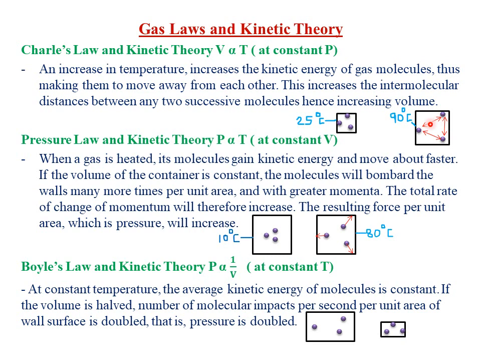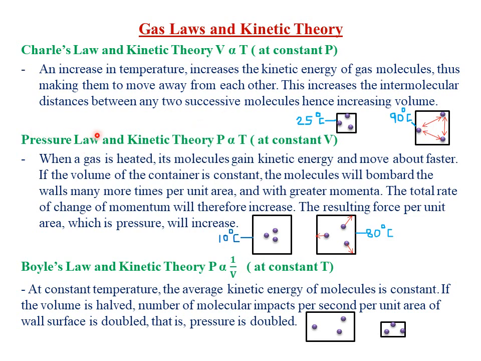So essentially, an increase in temperature increases the kinetic energy of the molecules, making the molecules move away from each other, hence increasing the intermolecular distances. Whenever intermolecular distances between any two successive molecules are increased, the volume increases because the gas tends to increase the amount of space that it occupies.